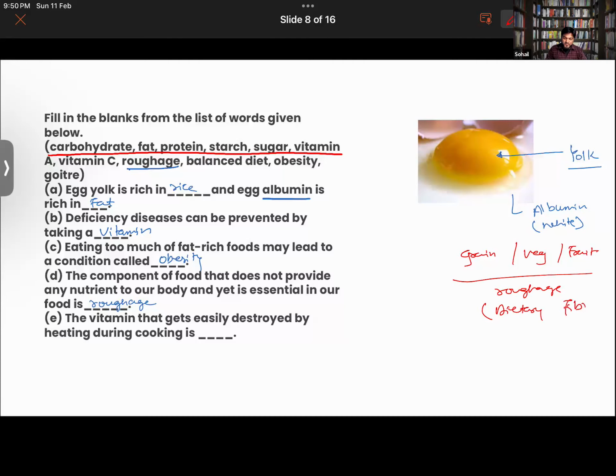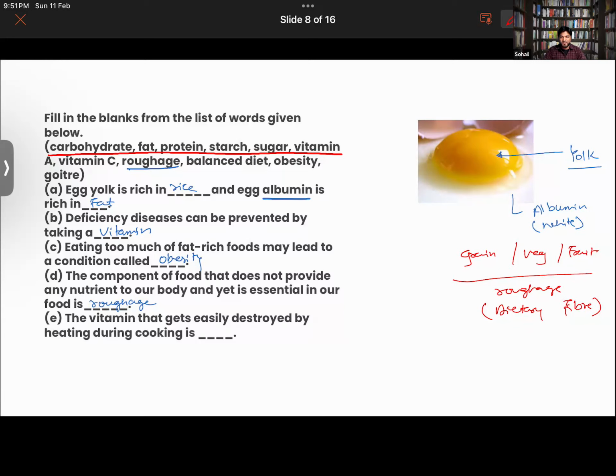Now, what is this roughage? Roughage is that part of the food which is indigestible, which cannot be digested by the body. Getting it now? But then it is important for the bacteria that are there in the alimentary canal of the human body. Apart from that, there are some good bacteria also which are found in the human digestive system.